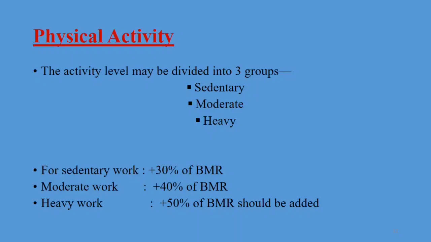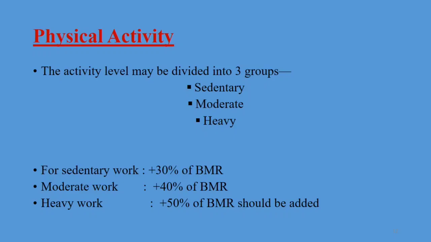Now, the third component for calculation of the energy requirement is physical activity, and this physical activity is classified into three groups: sedentary, moderate, and heavy. According to sedentary work, we calculate the energy requirement.